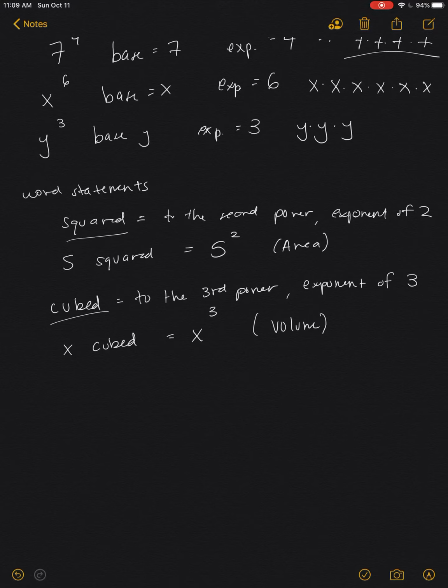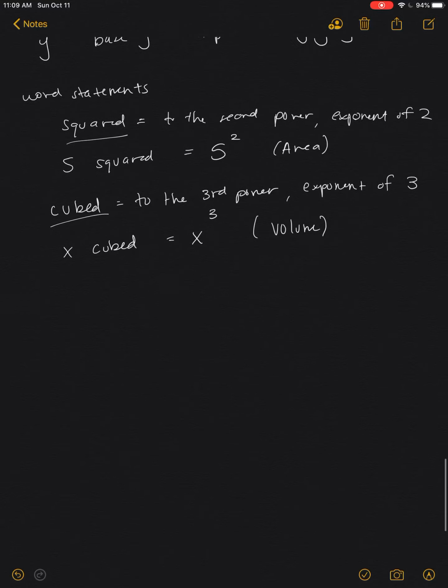If you're filling up a square pool, it would be the length times the width times the height, and volume is usually measured in cubic feet. So cubed is 3-dimensional, squared is 2-dimensional. Those are the short ones.